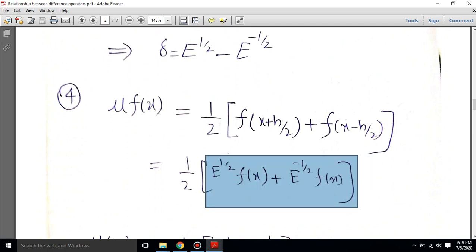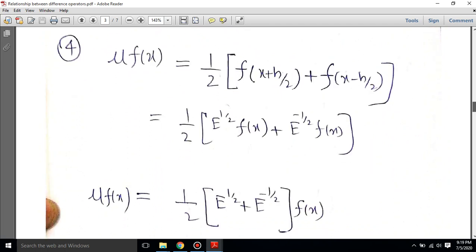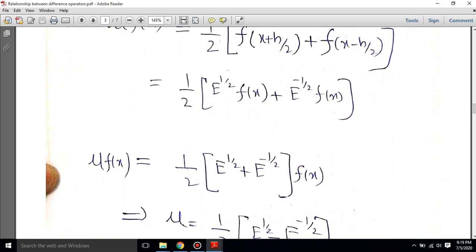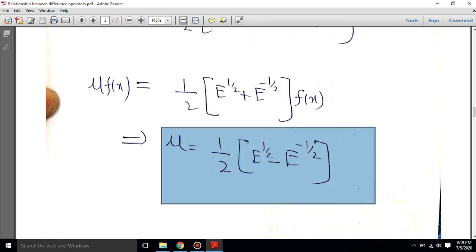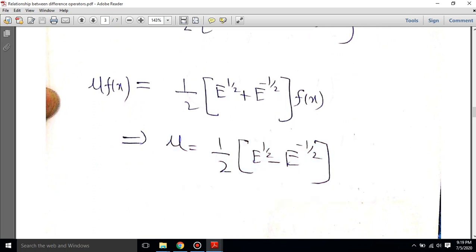Taking f of x common, then you have this value. Now you cancel f of x with this f of x, and you are left with this one. So this is the result, and we have defined the relationship between the averaging operator and the shifting operator.